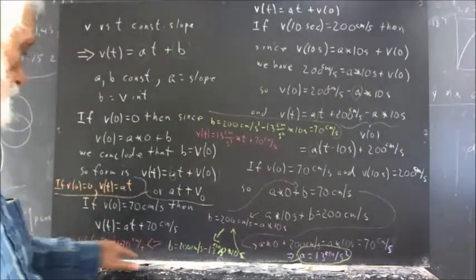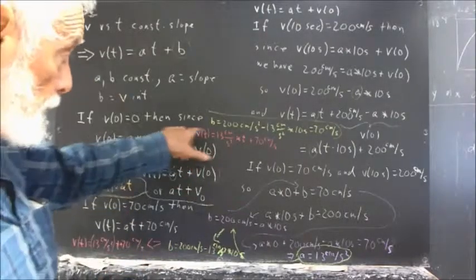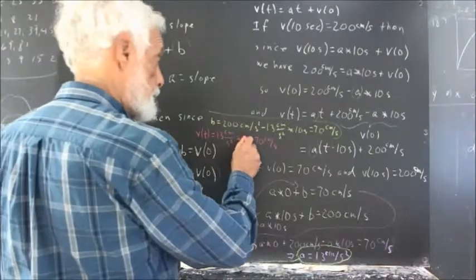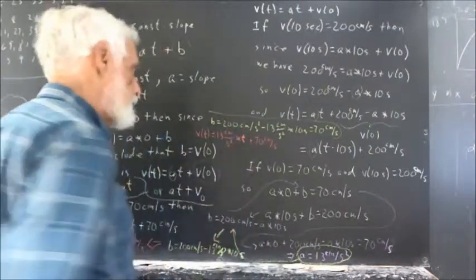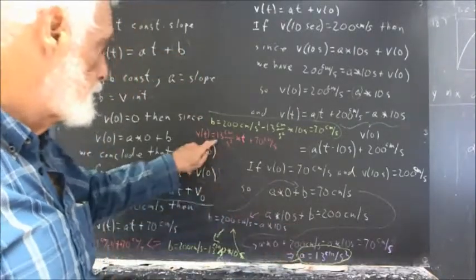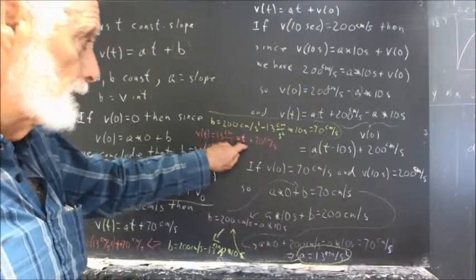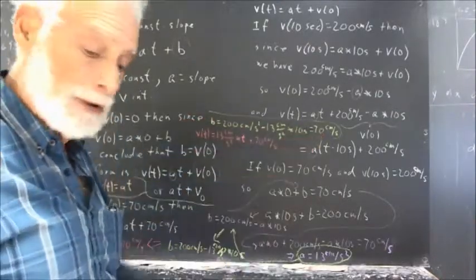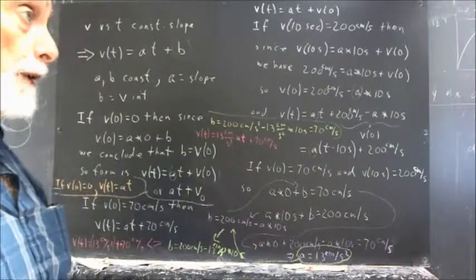Then our final function here, which I could write a little more clearly up here, although I don't think it's going to win any awards, is at plus b. a is 13 centimeters per second squared, that's multiplied by t, plus b, which we just determined to be 70 centimeters per second.